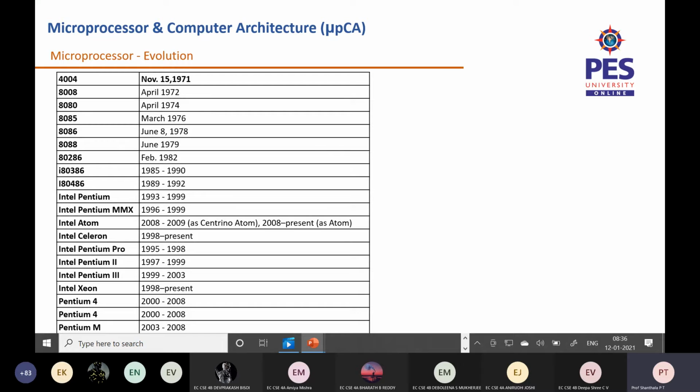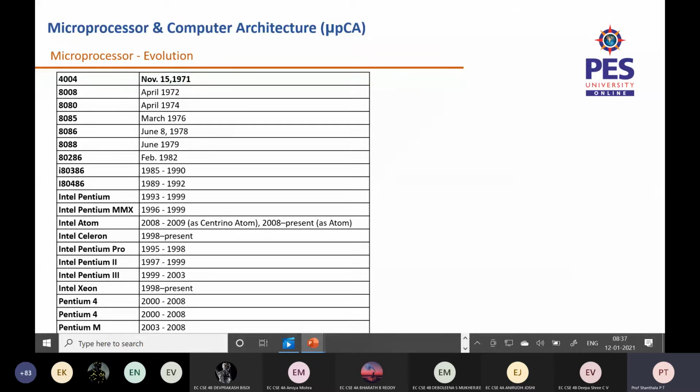Whenever we grow, the processor becomes stronger and stronger. A lot of transistors are put inside the processor, but if the transistors are more, the cost will be high.